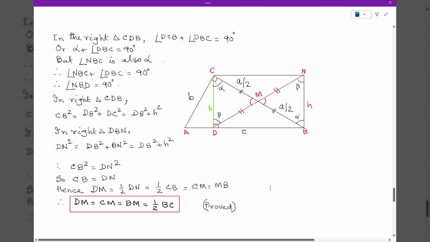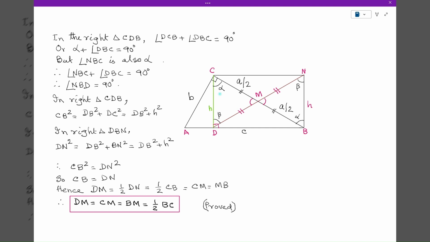In triangle CDB, that is in this triangle, angle DCB plus angle DBC is equal to 90 degrees, because this angle is 90 degrees.